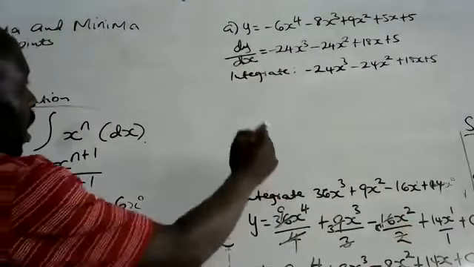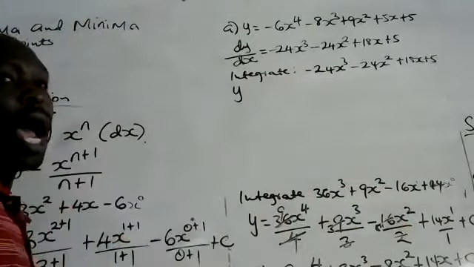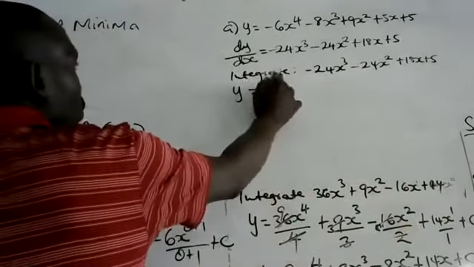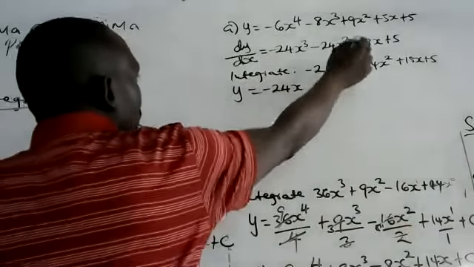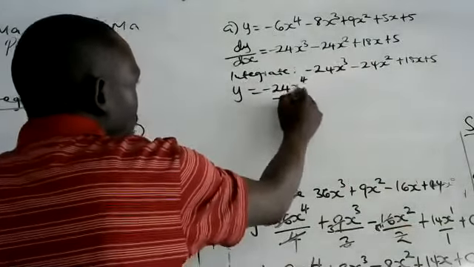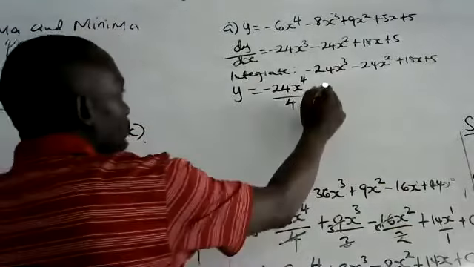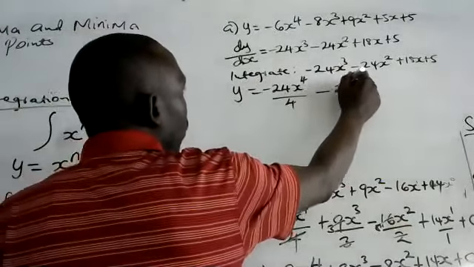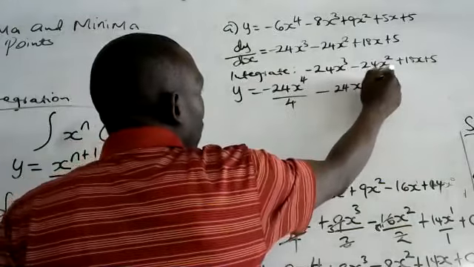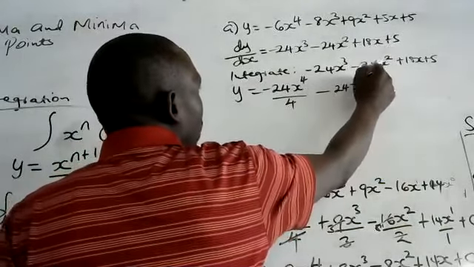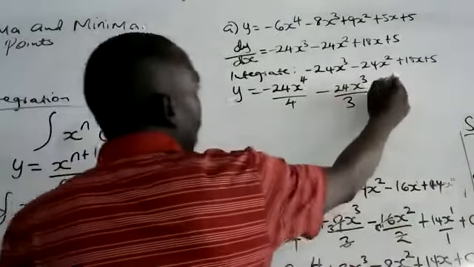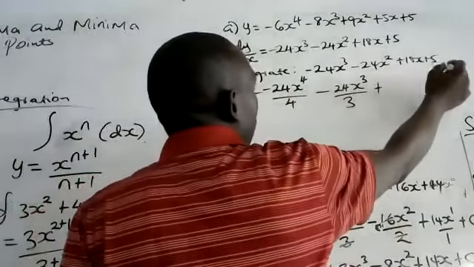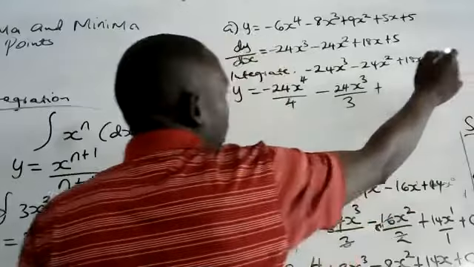So whatever you get after integrating is y is equal to negative 24x power 3 plus 1 is 4 divided by 4, minus 24x raised to power 2 plus 1 is 3, then you divide by 3, plus there is power 1 there, and remember there is power 0 there.